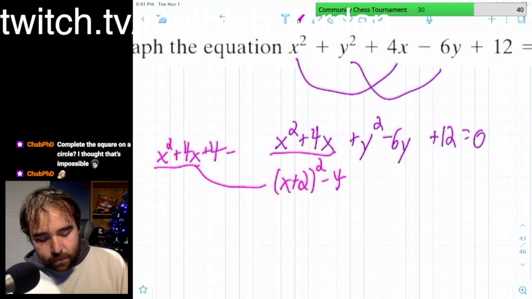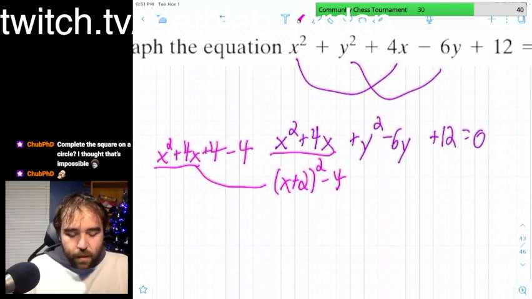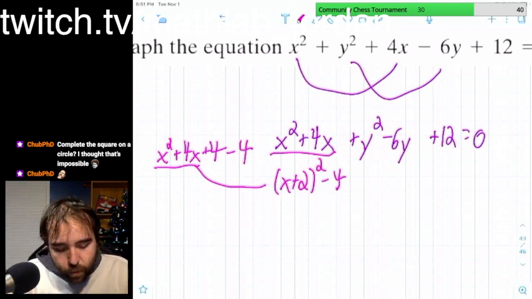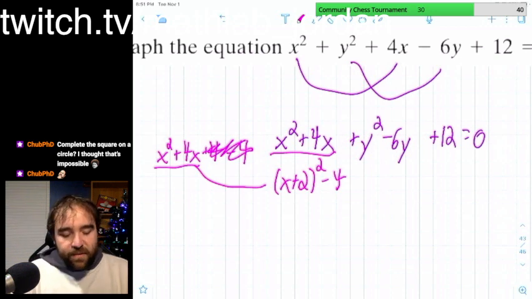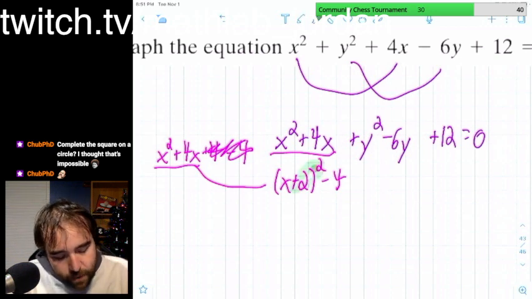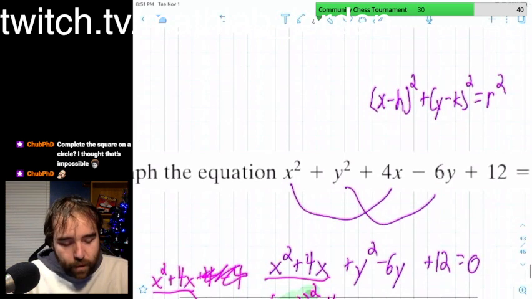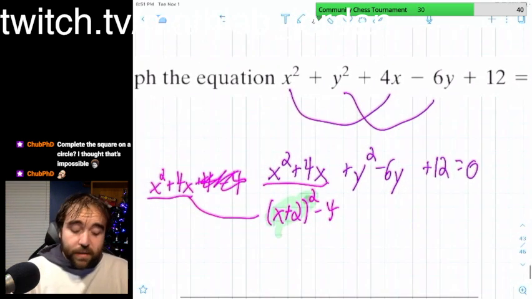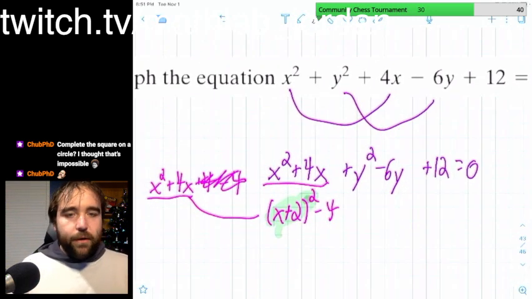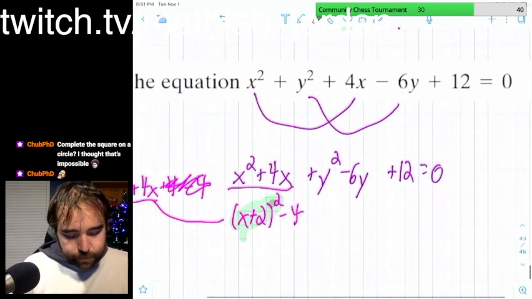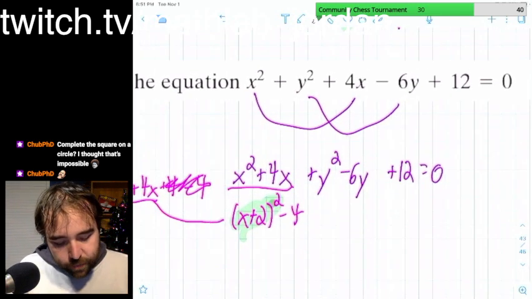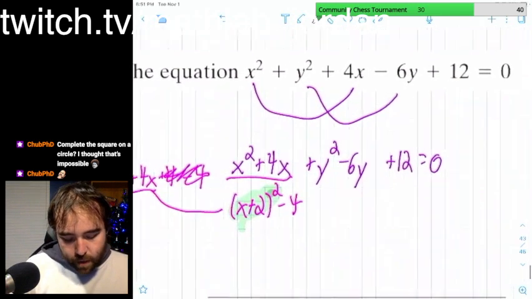Because see how now what this entire expression is that, and the 4's just cancel each other out. But this is good because now we have this squared thing that we want right here. Now we can see what is the x coordinate of the center. It's negative 2.